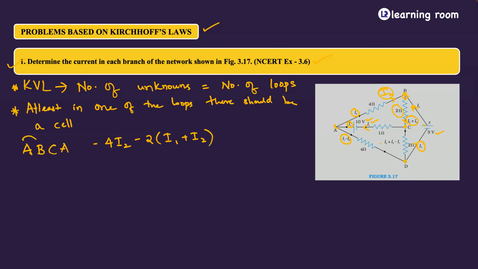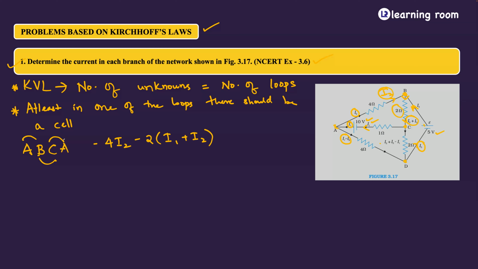Whereas when you go from C to A, so A to B is over. Observe the way I'm solving it. I go from A to B, then from B to C. Now we are going from C to A so that it completes the loop. When we go from C to A, you have one passive element and one active element. So what is going to be the potential drop across the passive element? 1 into how much is the current flowing through it?